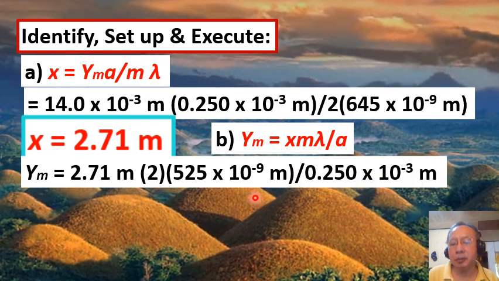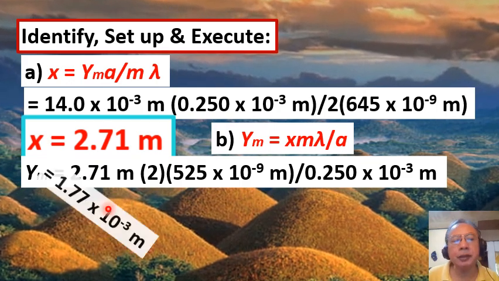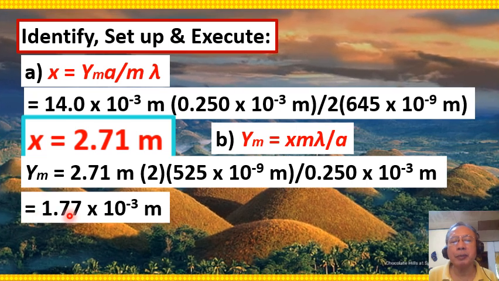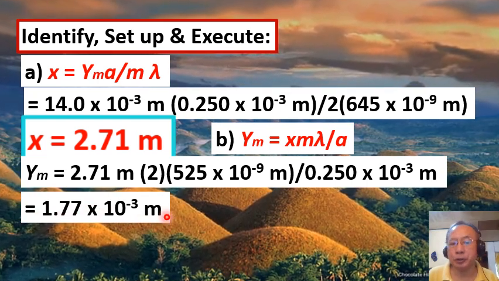So finally, when we do our math, we arrive at the value of y sub m equal to 1.77 times 10 to the negative 3 meters in 3 significant figures.